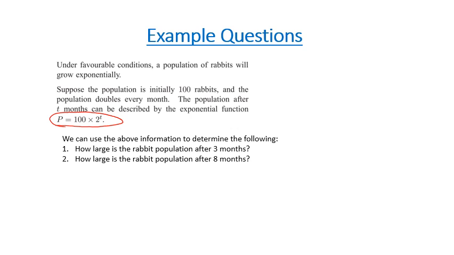So how large the rabbit population will be after 3 months. We simply just put 3 in as our t, so 100 times 2 to the power of 3, because now 3 is our t. This becomes 100 times 8, so therefore the population is going to be 800. We can also do it again after 8 months. We use the same population of 100 times 2 to the power of 8.